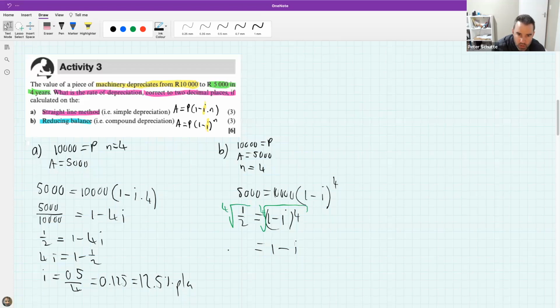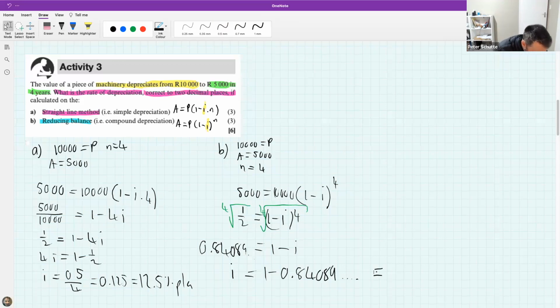Sorry, the fourth root of a half, and I would just recommend keeping that in your calculator's memory. And then I, if you bring it across, is going to be 1 minus 0.84089 and so on.